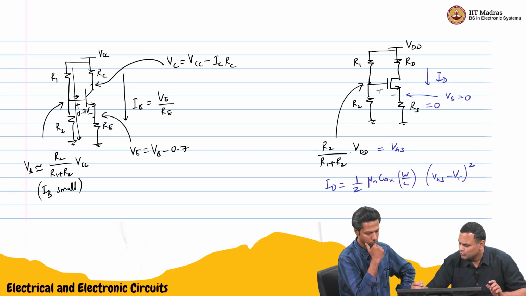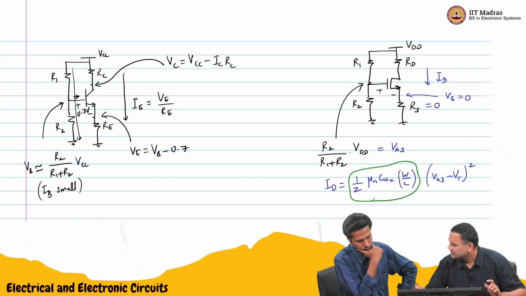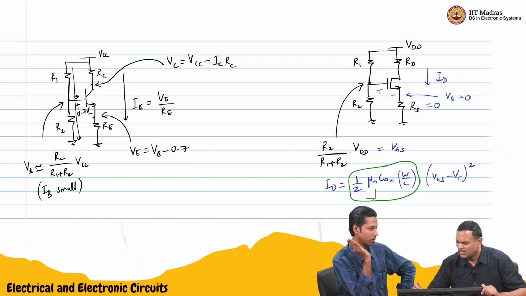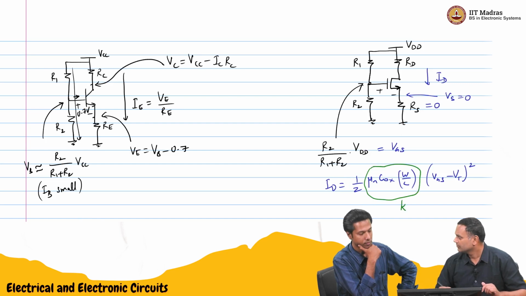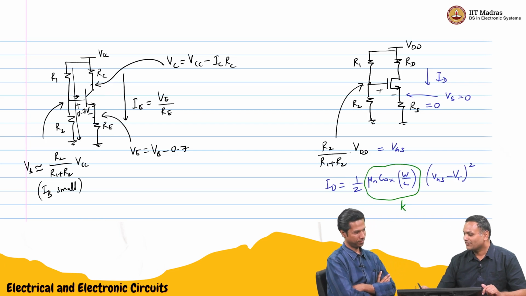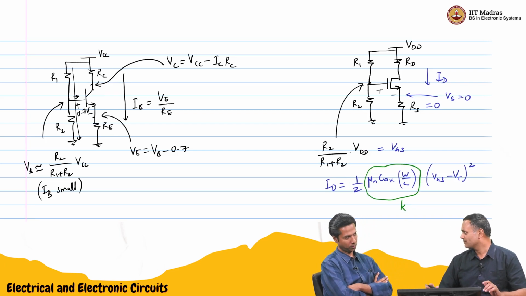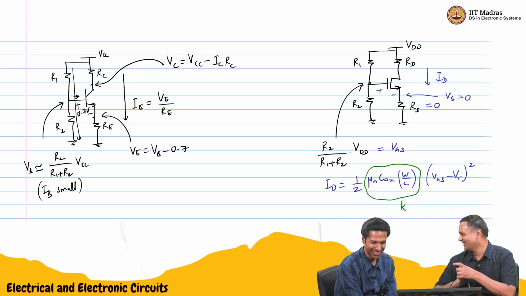From now onwards, I am just going to call this K. People don't like to lose sight of that half, so half K into VGS minus VT the whole square. From now onwards, I'll save my fingers for writing other things.